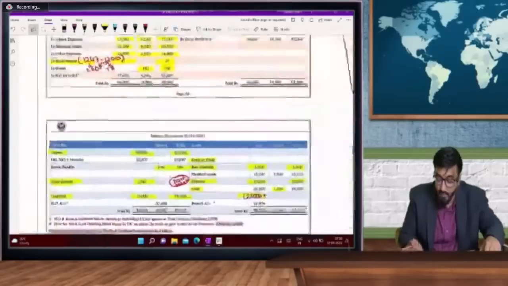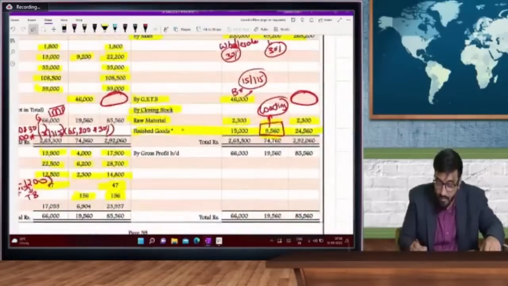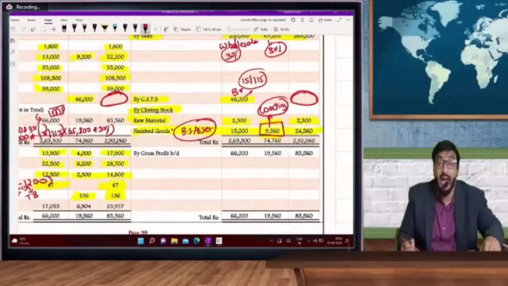Now this finished goods 15,000 balance sheet asset side also we have to record, because this is an adjustment. Closing stock has two effects.